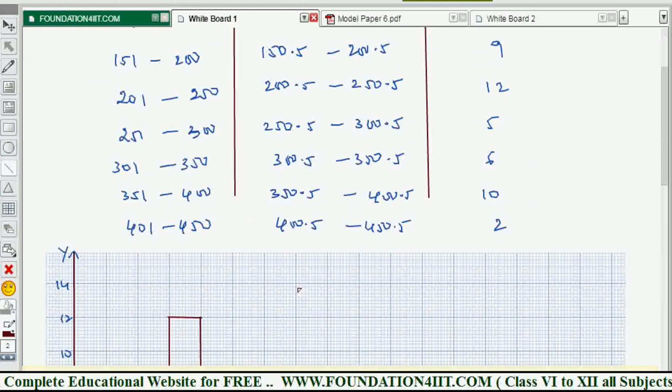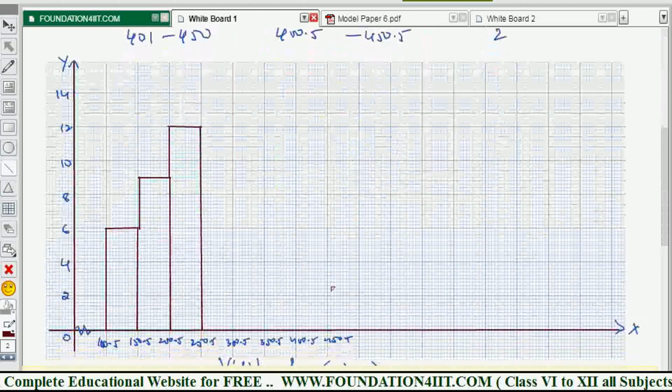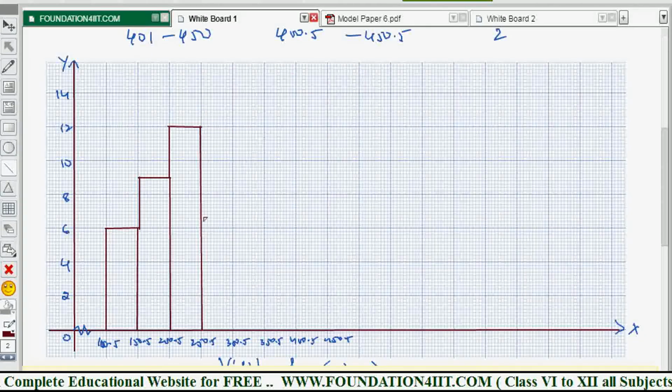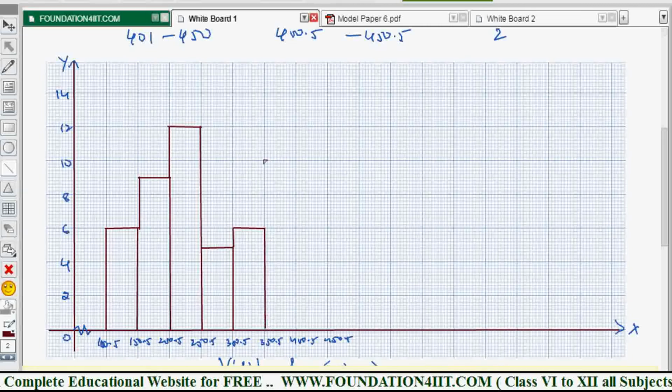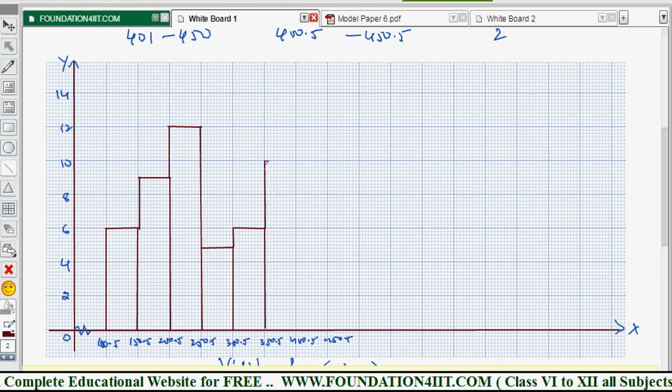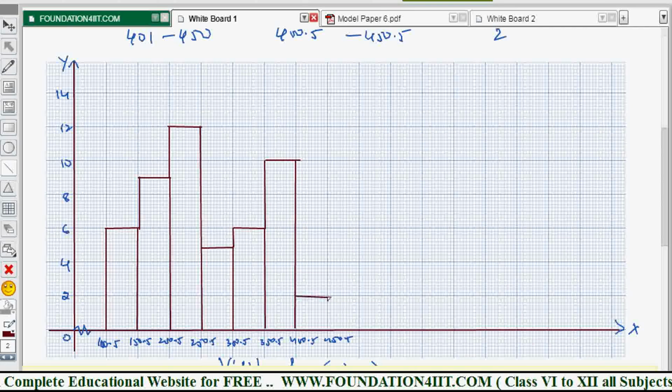After 12 and 5, 6, 10, 2. 5, 6, 10, till 10 you take, and 2. So drawing the histogram is very simple.